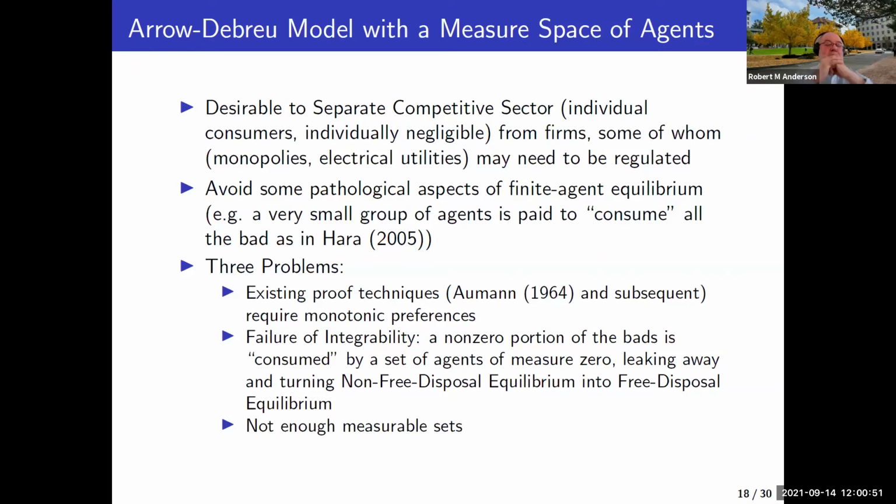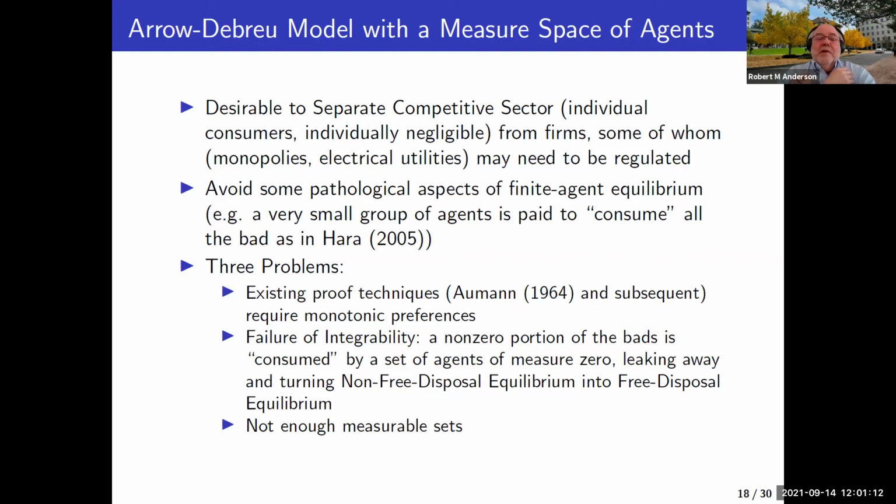Here is where we get into the new mathematics. We're going to look at the Arrow-Debreu model with a measure space of agents. There are two reasons for this. The first is that the four of us are mathematical economists.